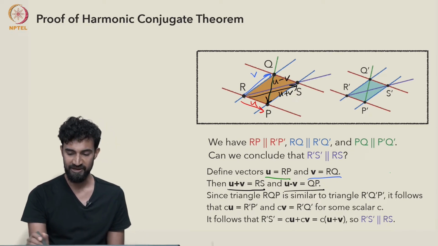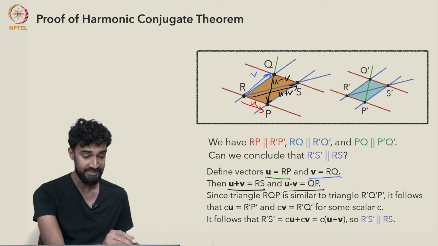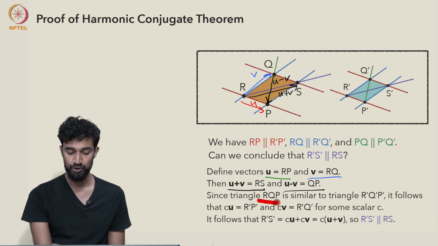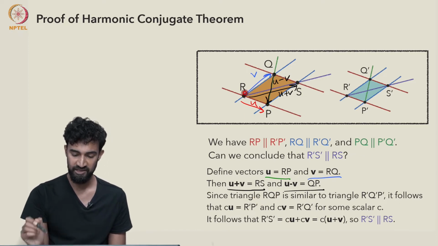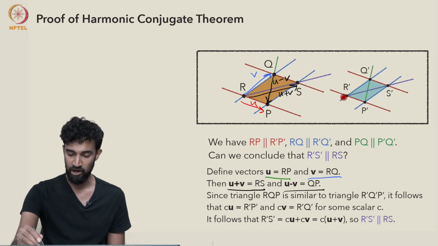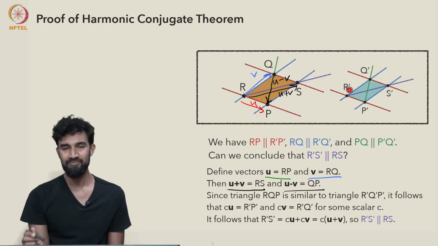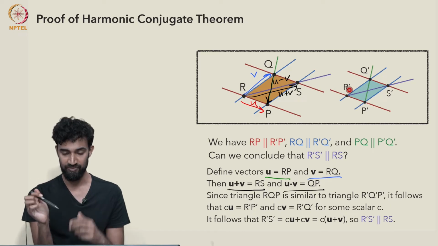Well, because of all these parallel relations, we know that the triangle RQP must be similar to the triangle R prime Q prime P prime, because all of their corresponding edges are parallel.